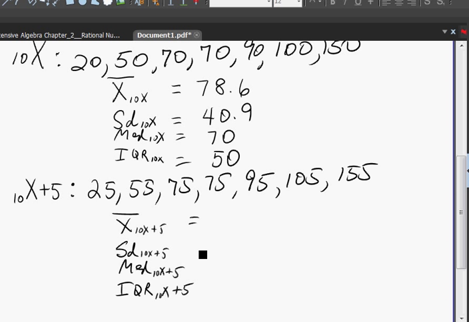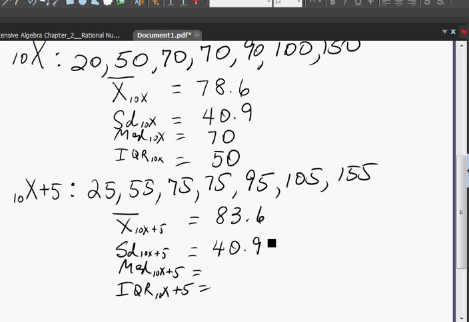All right. What's my new mean? 83.57, I'll call it 86. How does it relate to the previous mean? Bigger. By how much? 5. What's my new standard deviation?